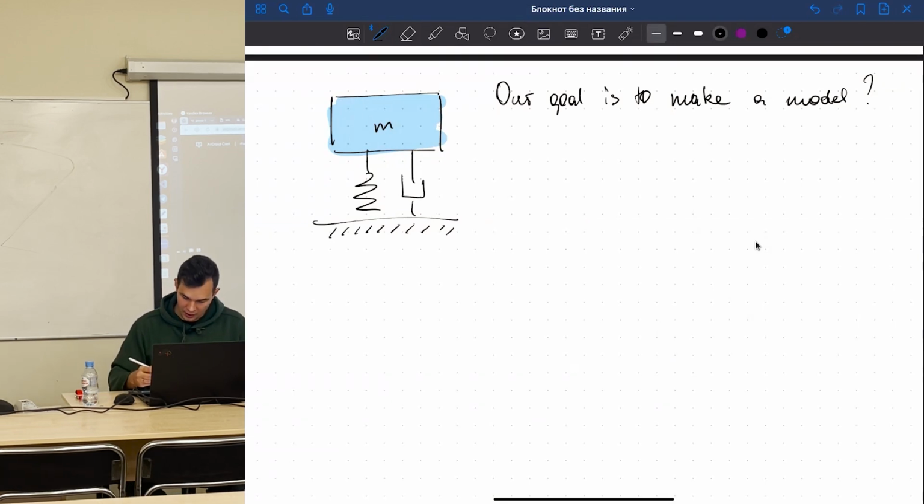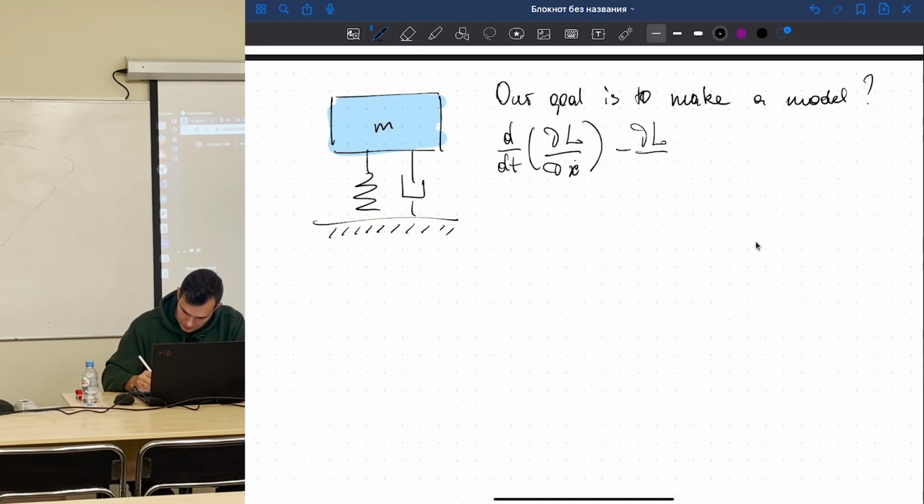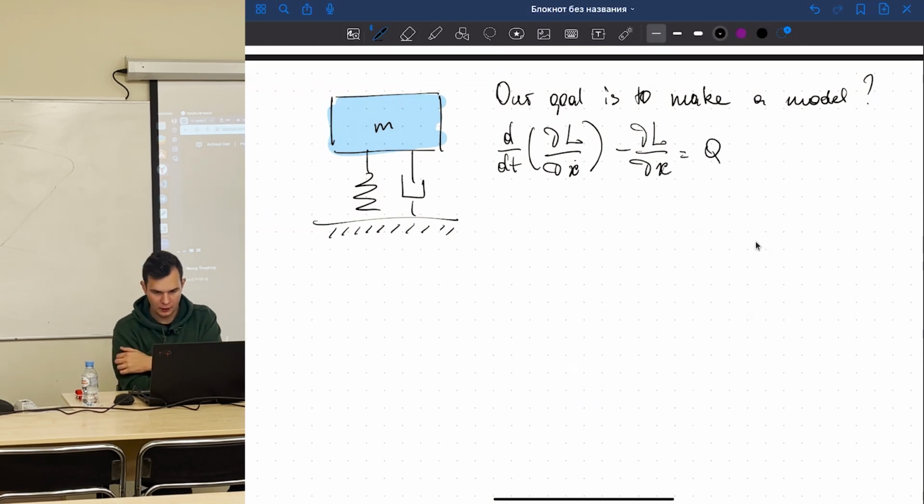So, in general form, you have the following. What is L? L is a Lagrangian.